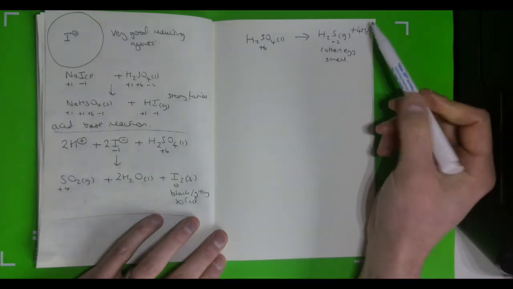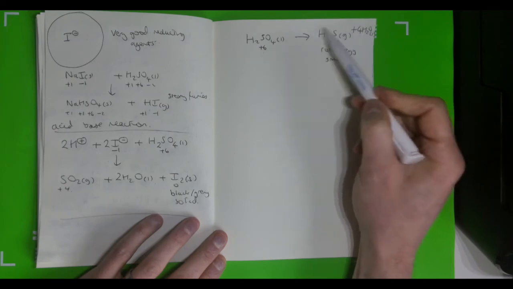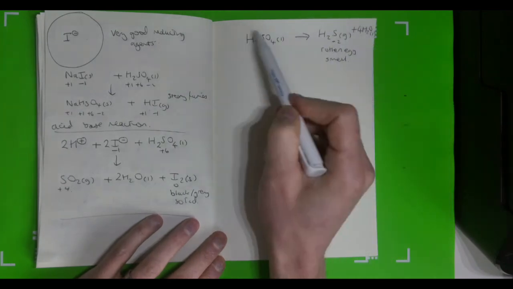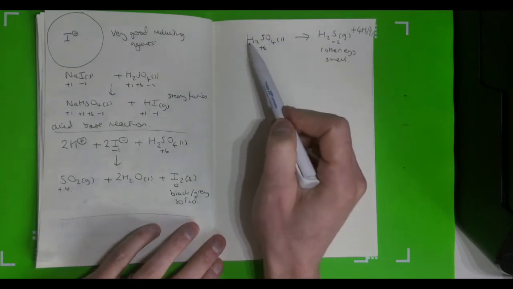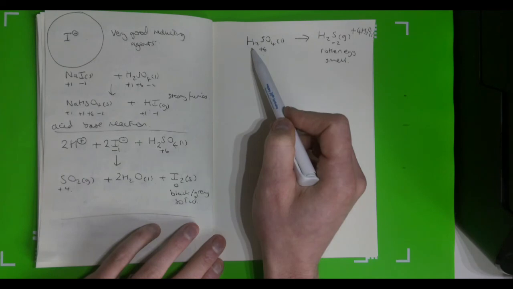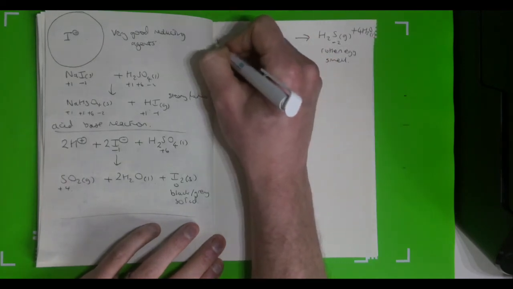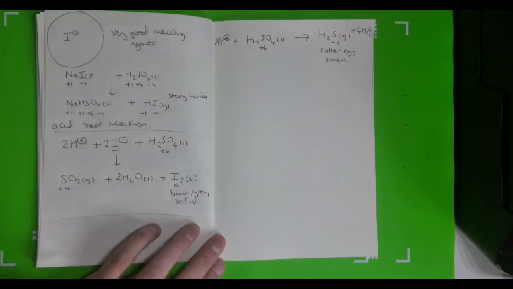We've got 8 hydrogens here and 2 there. That's 8 plus 2, that's 10 hydrogens. So I need 10 hydrogens on this side. But don't forget, I've already got 2 here. So I just need another 8, like that.